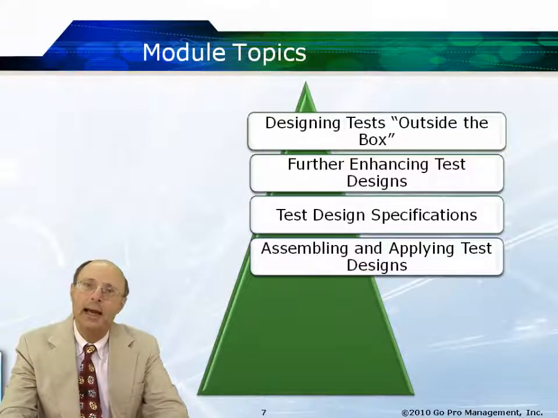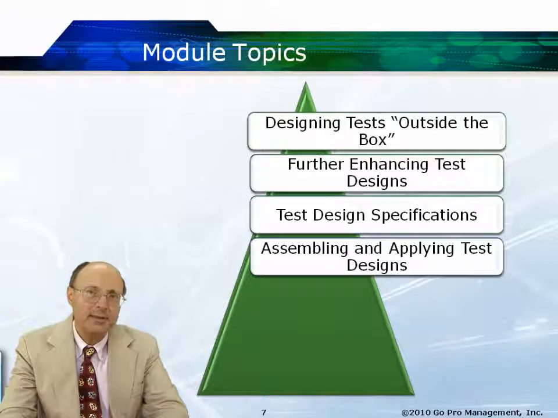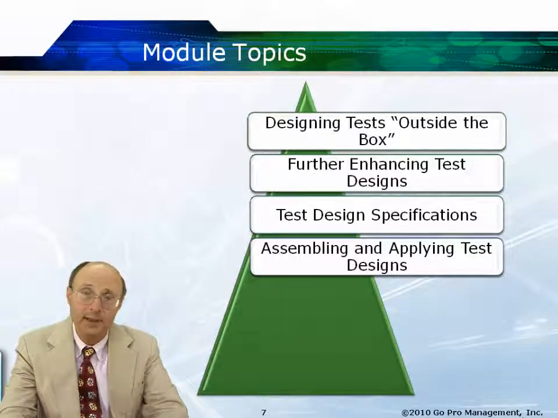We'll see that we've got several different types of test design specifications, that we have atomic test design specifications and we have business function test design specifications of varying degrees of complexity.